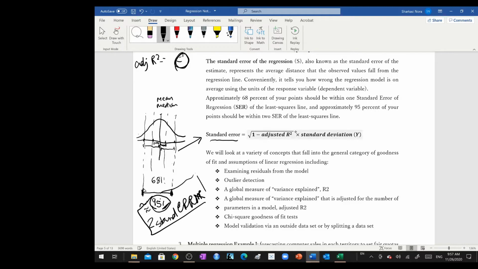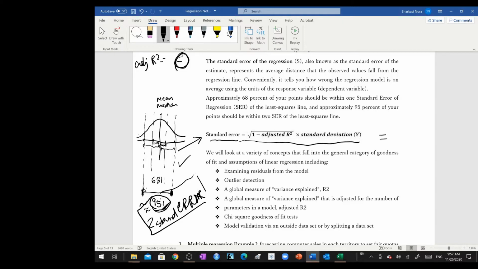So for the standard error, if 95% of the residuals or errors lie within 2 standard errors, then this is also a very good measure for the precision of the line, the linear line, or the goodness of fit.